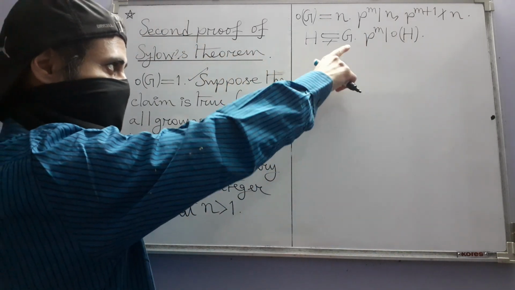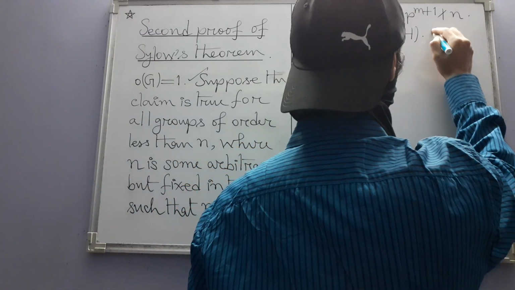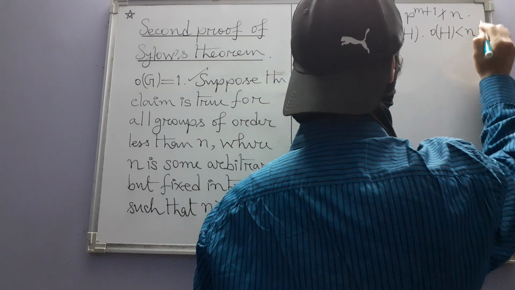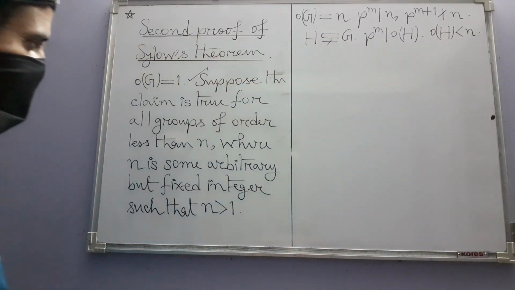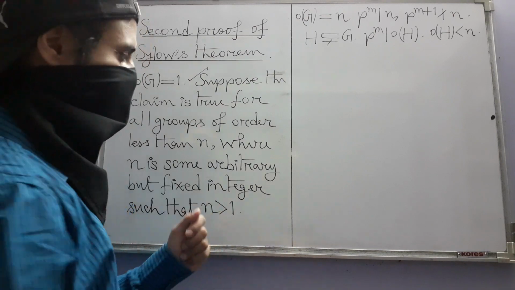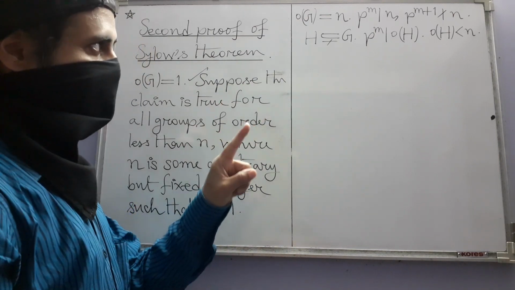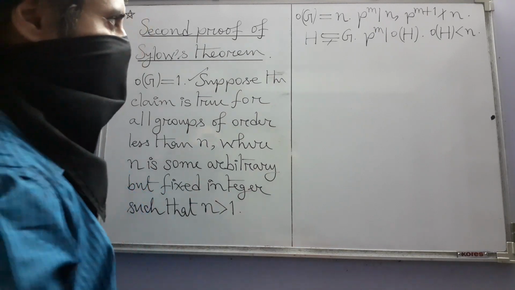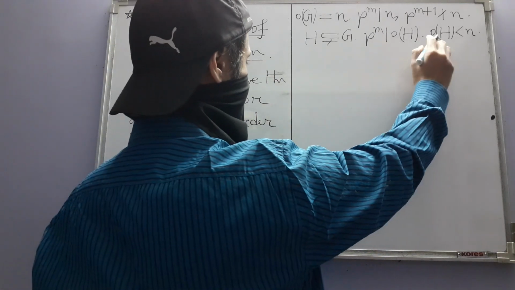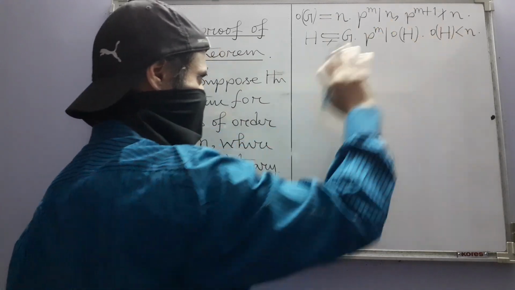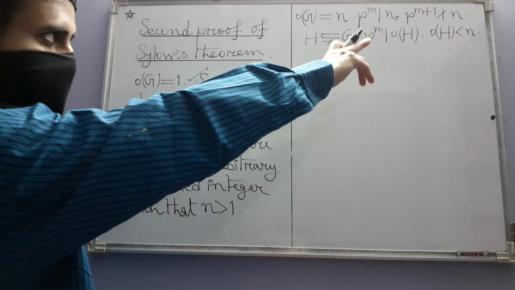Because H is a proper subgroup of G, the order of H is less than n, but by our induction hypothesis, such a subgroup must have a P-Sylow subgroup.